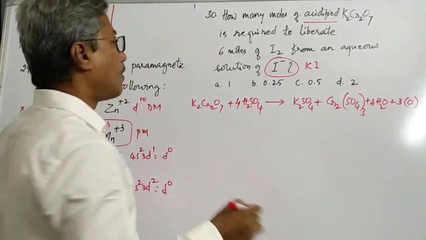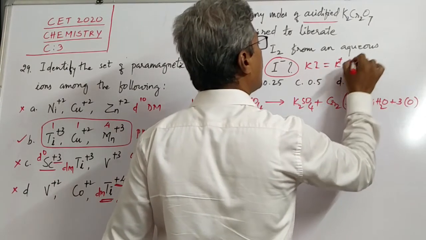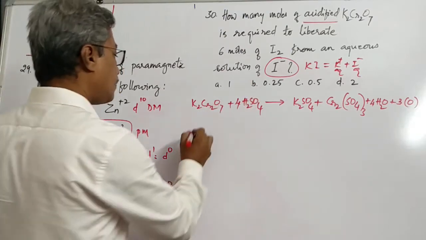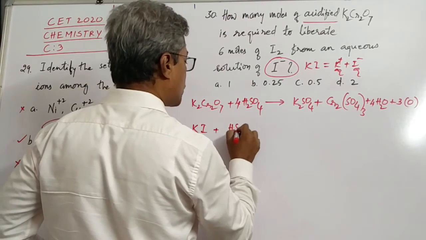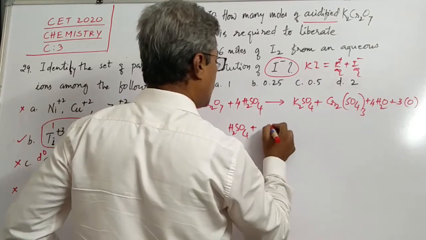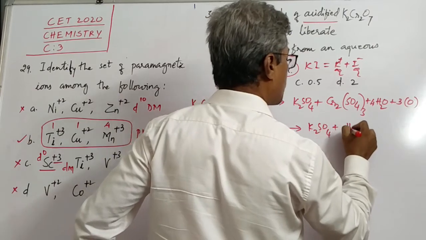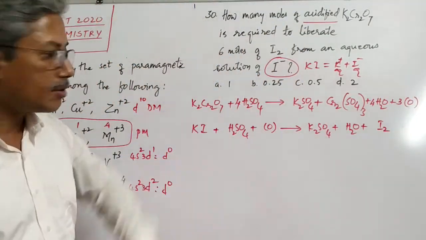Clear, students? When you put this into water, we will get K plus and iodide ion, which are aqueous. Then we write KI aqueous. When it reacts with H2SO4 in the presence of this O, we get K2SO4 plus H2O plus I2.